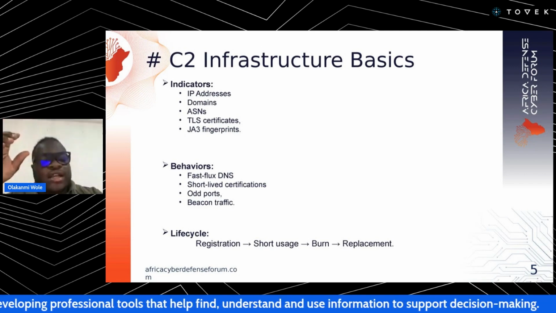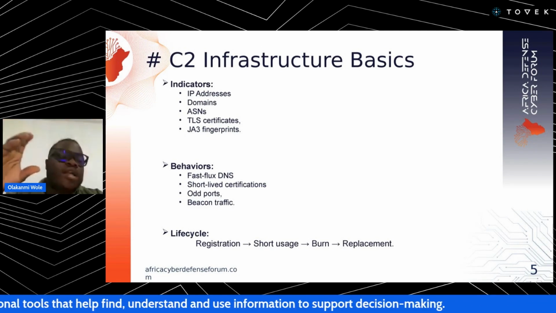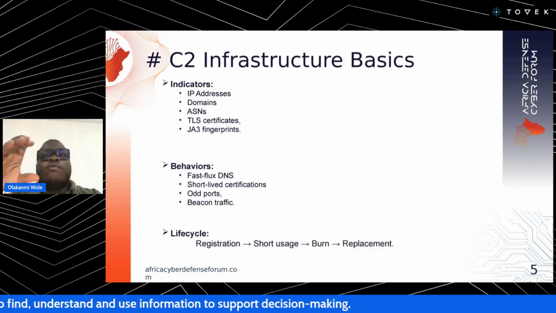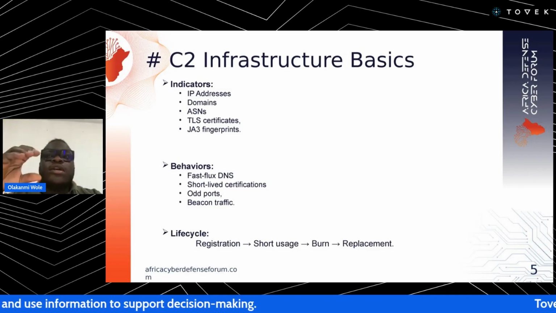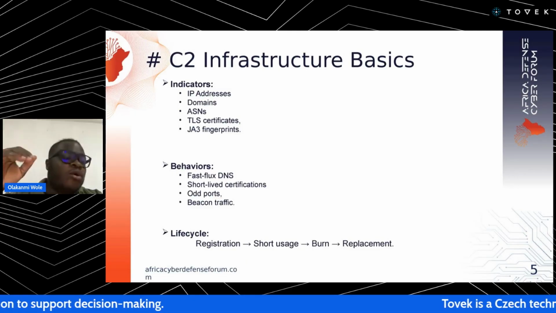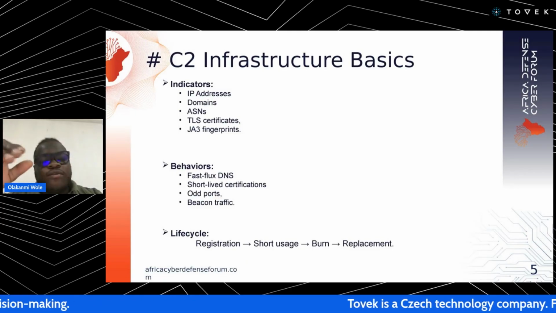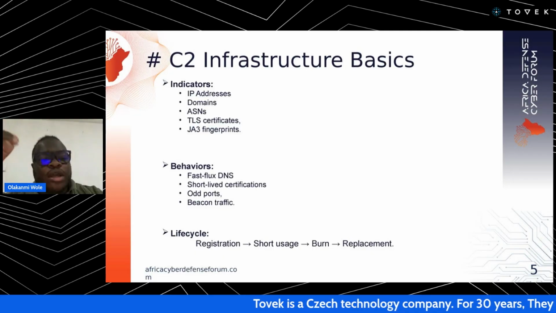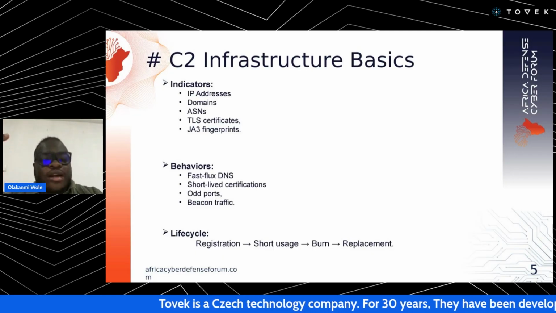Not just aside from that, there are also behavioral characteristics you see before you can actually say, okay, this would most likely be a command and control for maybe a ransomware, malware, or a RAT.